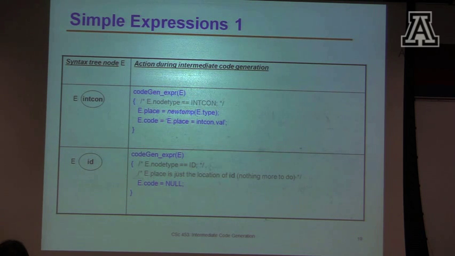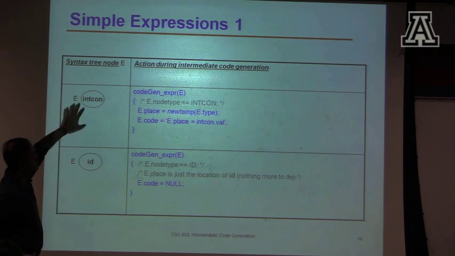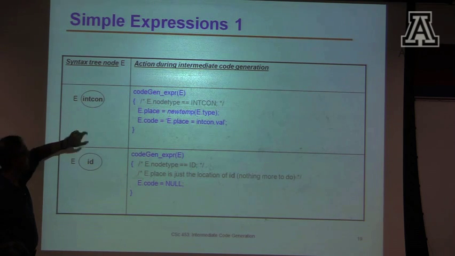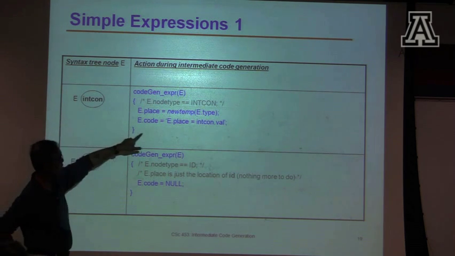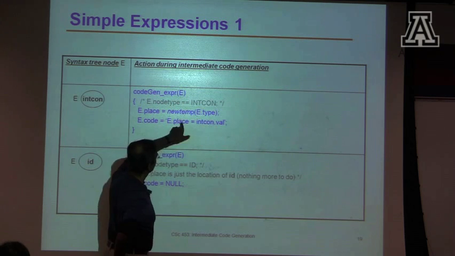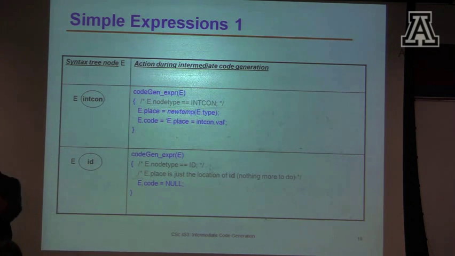All right, let's do some simple ones. The expression is an integer constant. It's a leaf node. So what do you do? You don't do much. We'll keep things simple. I'll generate an instruction that says, take this integer constant and load it into this temporary. So I need a temporary for that.